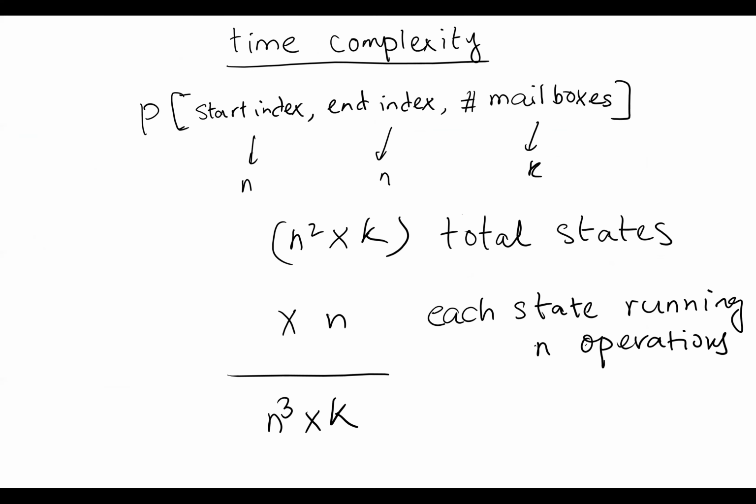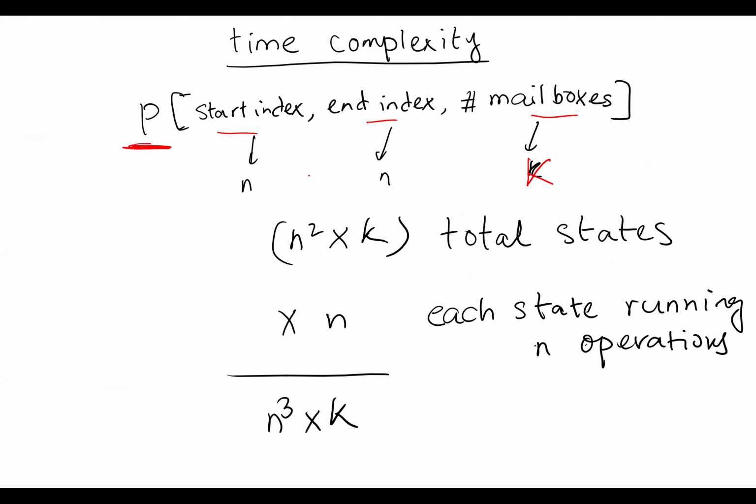Okay, so next let's see what the time complexity is. As you can see, this was our problem, and the problem had 3 parameters: the start index, the end index, and the mailboxes. So we can have n start indices, n end indices, and k mailboxes, right? So in total, how many recursion subproblems do we have?